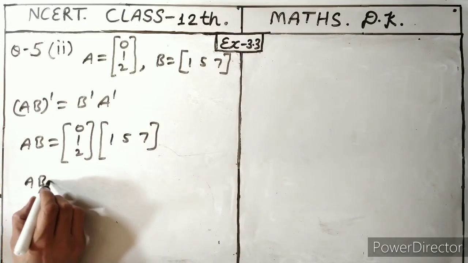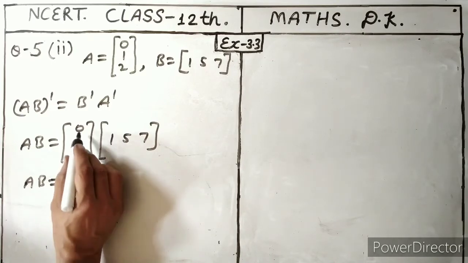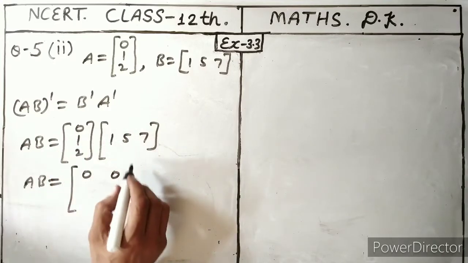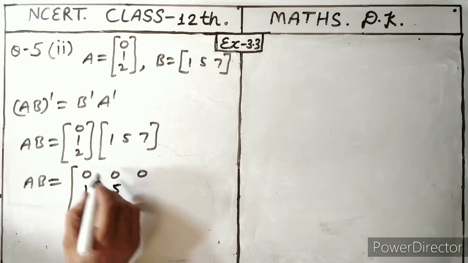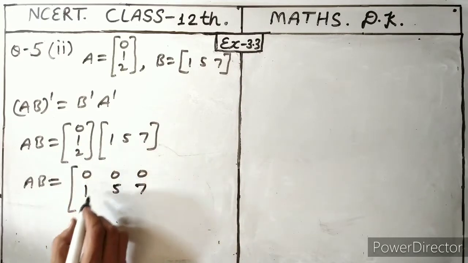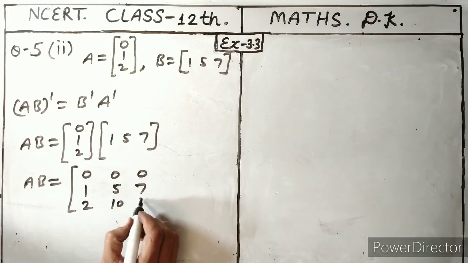Then AB is any product of AB: 0 1 0 0 5 0 0 7 0 1 1 1 1 5 5 1 7 7 2 1 2 2 5 10 2 7 14.